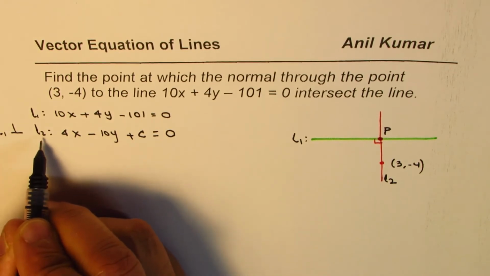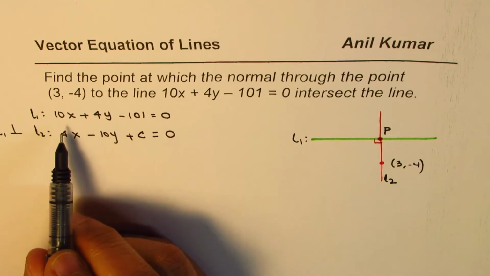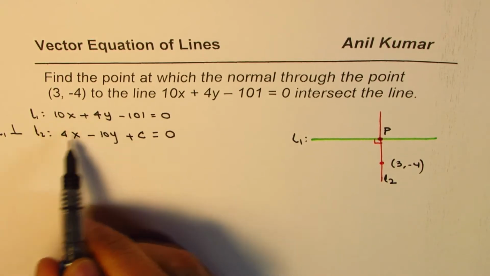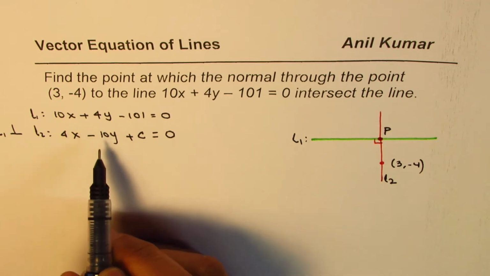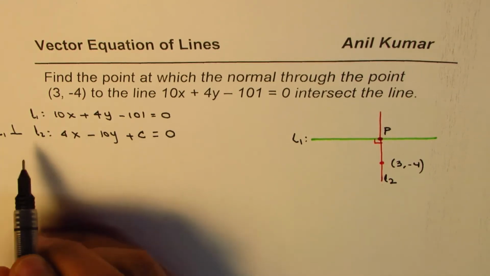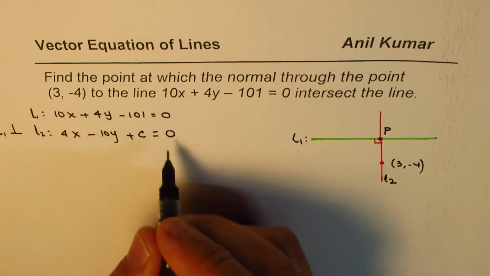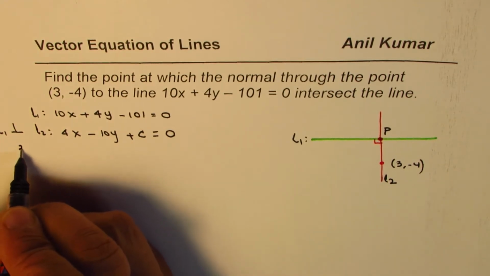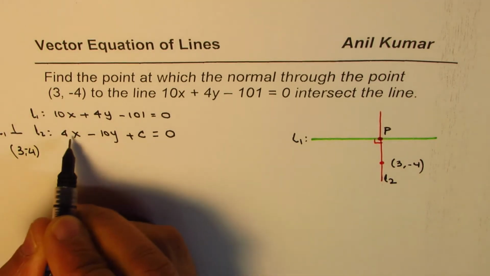So line L2 will be perpendicular to L1. You can check that the dot product of (10, 4) and (4, -10) is going to be 0, so that gives you a normal. This is an easy way. Now to find c, we can substitute the point (3, -4), since we know that the point lies on it. 3 is the x value.